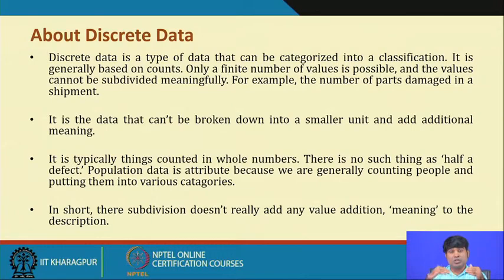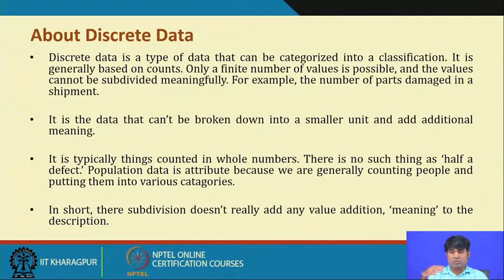So, technically there are three things you have to be very careful about. First, the values of the variable should be positive in character. Then they should be exclusively numbers, that means integer type. And again, this data cannot be subdivided into another group, because it will not give you a meaningful representation.